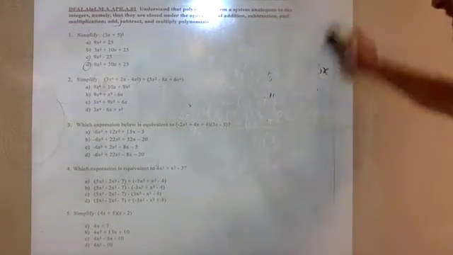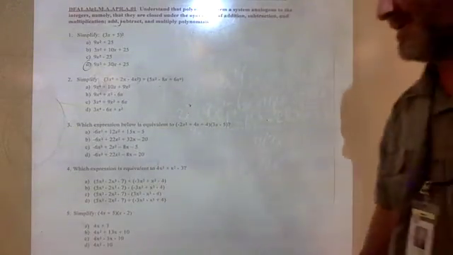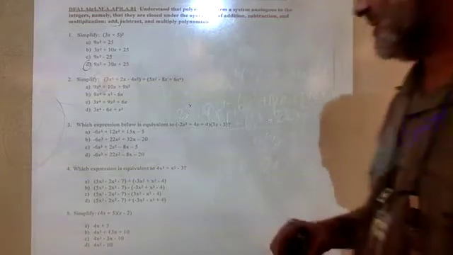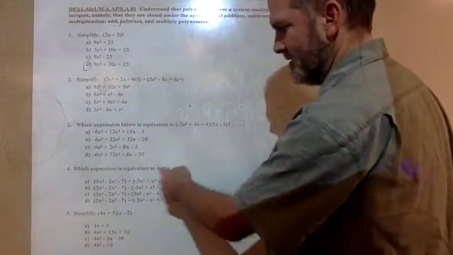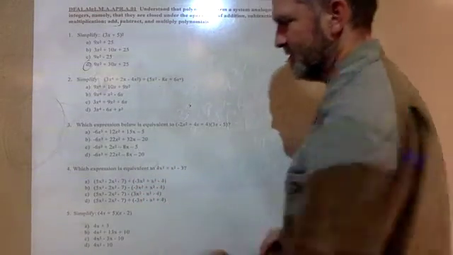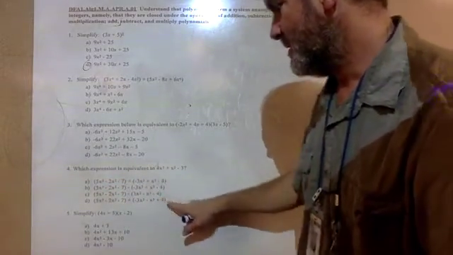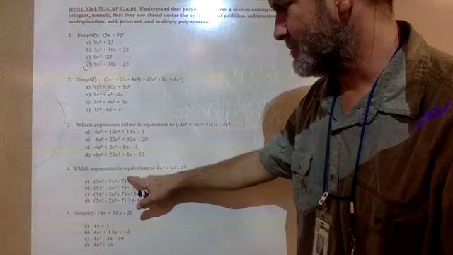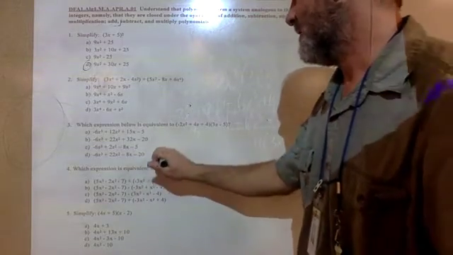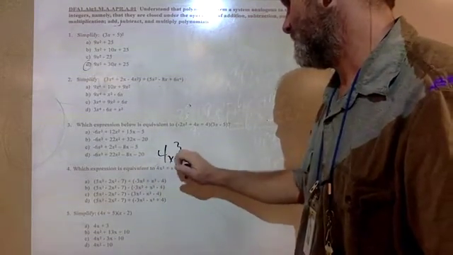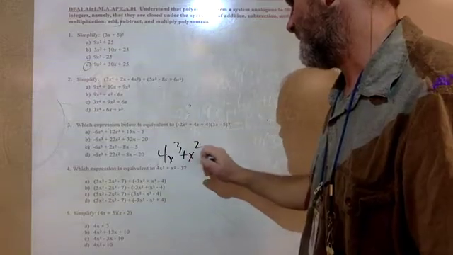All right, the fourth one. This is kind of like Jeopardy. This is working backwards. They give you the answer, and that is the answer to one of these 4 questions. So you just have to check each one of these individually to see which one adds or subtracts together to give you 4x to the third plus x squared minus 3.